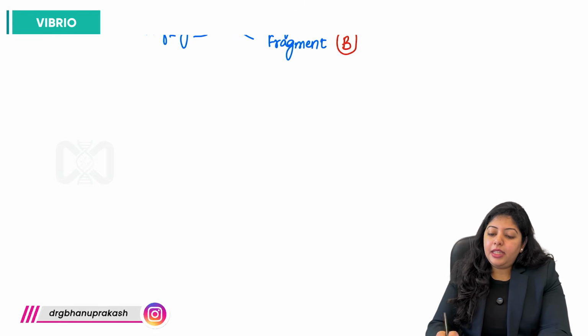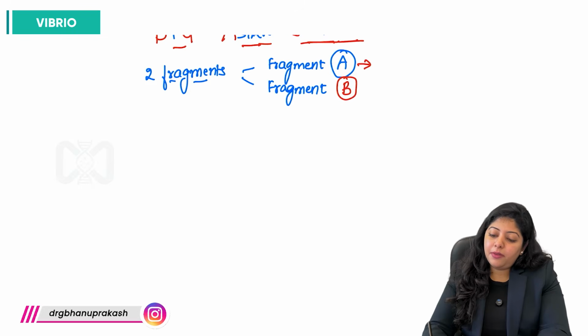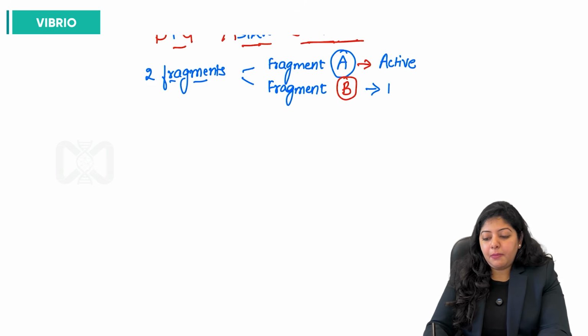Now A is the active fragment and B is the binding fragment, right?